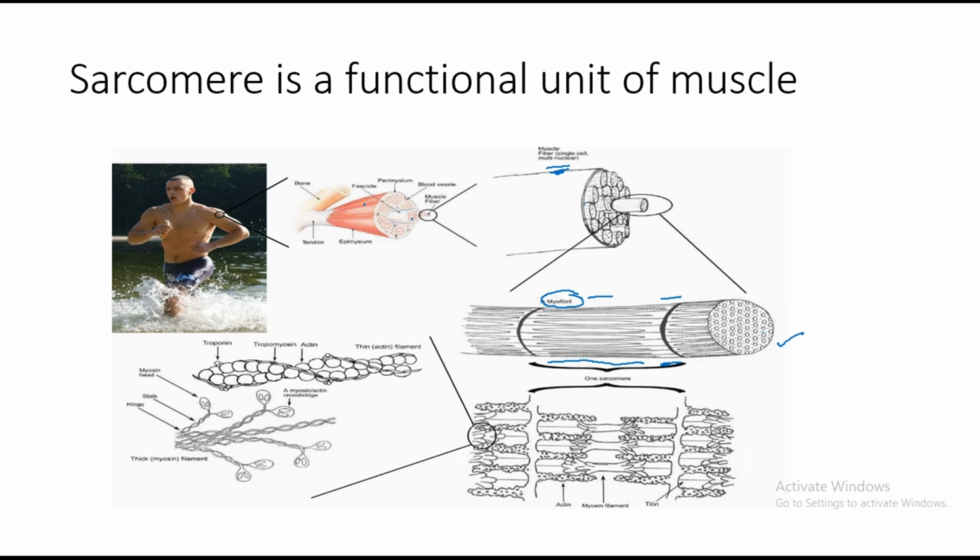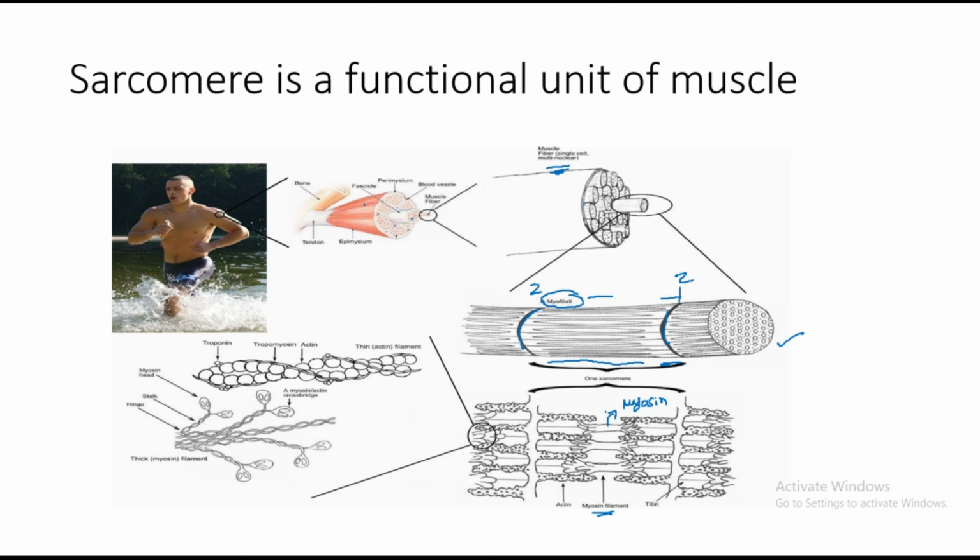So we have one line here, one line here. Those are called Z lines. In between Z lines we have the thick filament. This is called myosin, known as myosin filaments or thick filament or darker area.